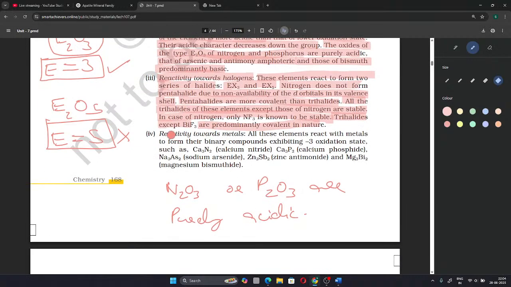And the fourth is reactivity towards metals. All these elements react with metals to form their binary compounds exhibiting -3 oxidation state, such as Ca3N2 calcium nitride, Ca3P2 calcium phosphide, Na3As2 sodium arsenide, zinc antimonide, and magnesium bismuthide.